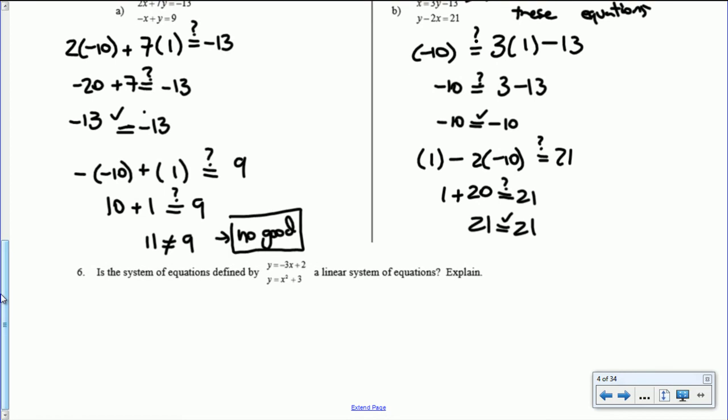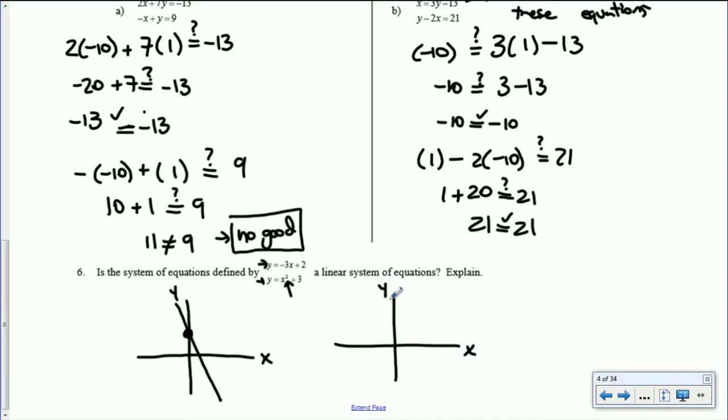Okay, the last one here. Is the system of equations defined by these two a system of linear equations? So this one is linear, this one is not, and the reason for that is the exponent here, right? If you were to graph these in your graphing calculator, coming off of our linear functions unit, y equals negative 3x plus 2 would be a straight line. y equals x squared plus 3, however, would look something like that, which is not linear.